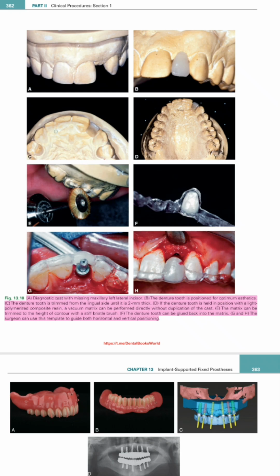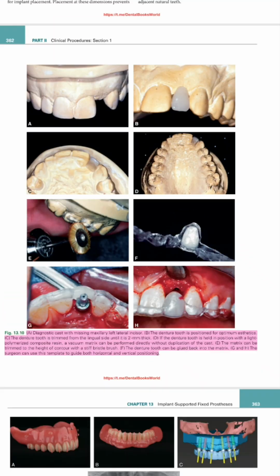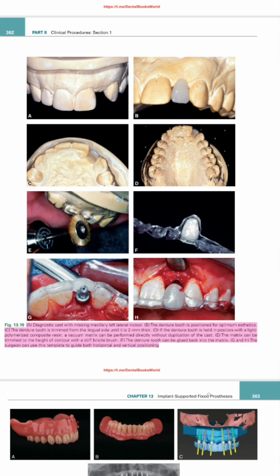Over this cast, we vacuumed a matrix and trimmed the height and the contour to get to this height only. And then the denture tooth was re-glued to the matrix, and the surgeon can now use it as a guide, for both horizontal and vertical positioning. So this is considered a simple way of doing the surgical guide.